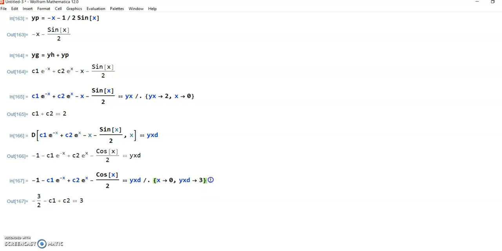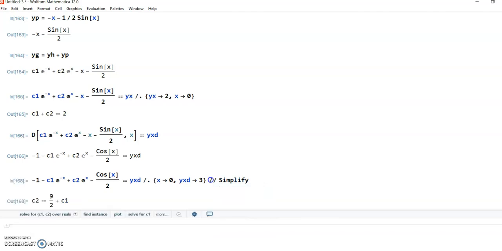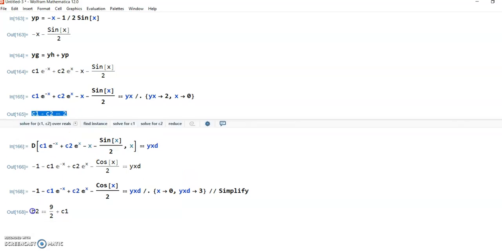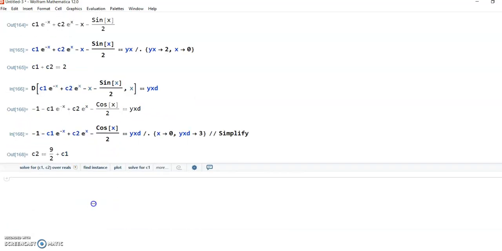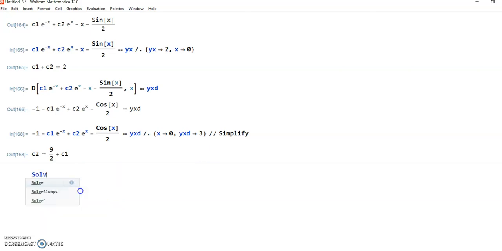Okay, or maybe we can simplify it also. Simplify. So it will be like this. So now I have this one equation, and I have this other equation. Okay, so now we can solve these two equations.